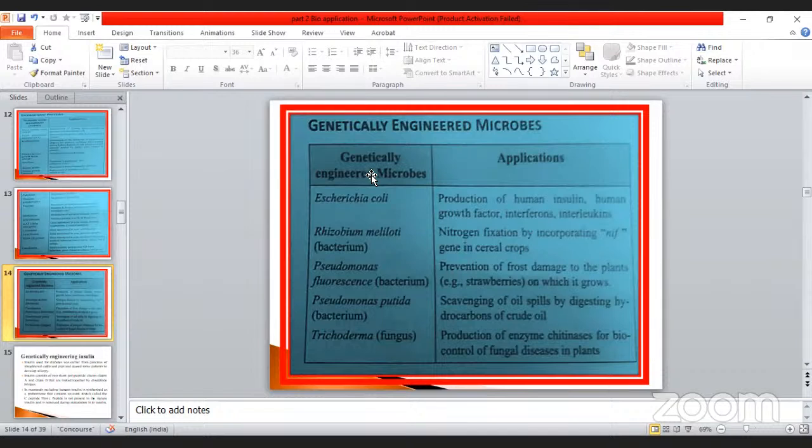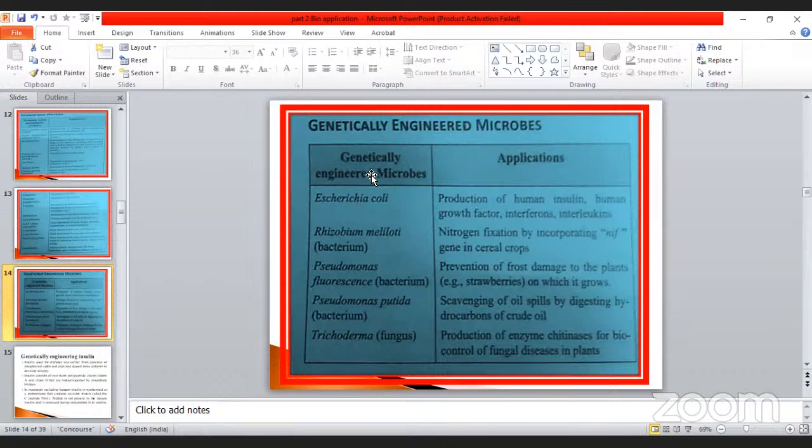What are they? What are the main functions of these? See, E. coli, Escherichia coli, simply called E. coli, Rhizobium meliloti bacterium, and next Pseudomonas fluorescens bacterium, Pseudomonas putida bacterium, Trichoderma fungus. So these are all very, very important genetically engineered microbes.